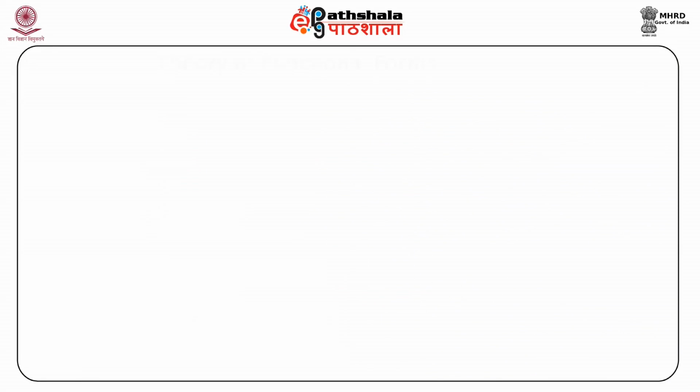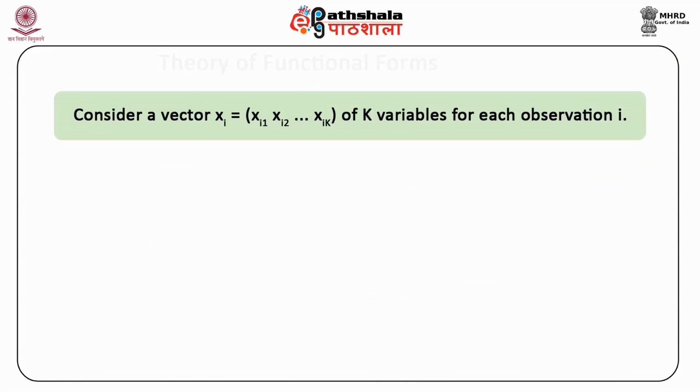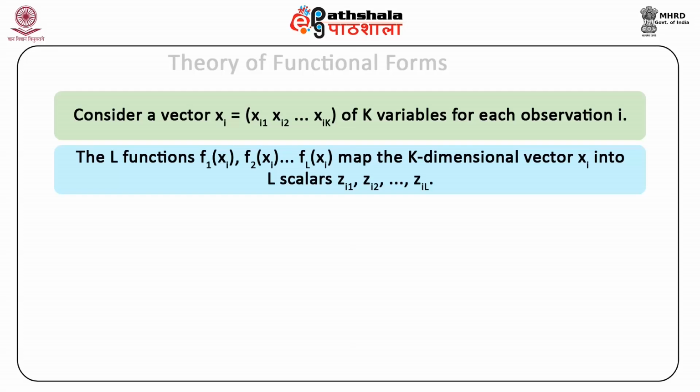Theory of functional forms. Consider a vector xi consisting of xi1, xi2, ... xik of k variables for each observation i. The L functions f1(xi), f2(xi), ... fL(xi) map the k-dimensional vector xi into L scalars z1i, z2i, ... zLi.